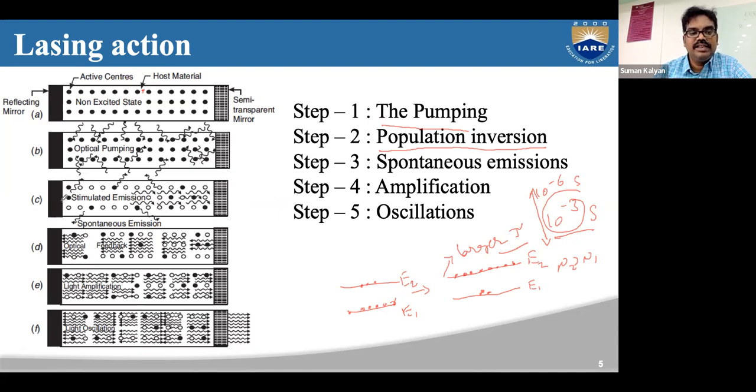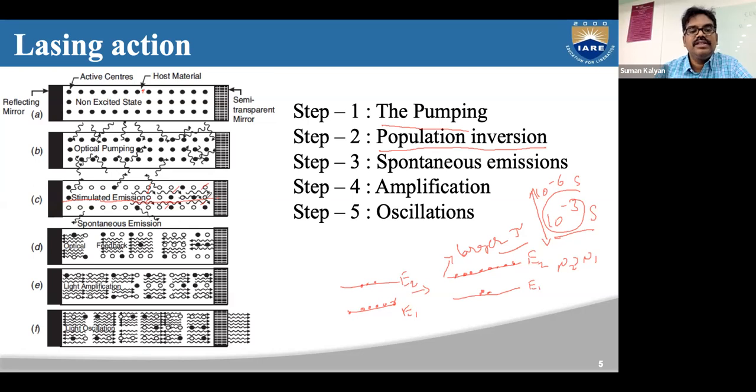Let's say the optical axis is like the x-axis. There will be some photons, as you can see, this one, this one, and this one, traveling parallel to the optical axis.